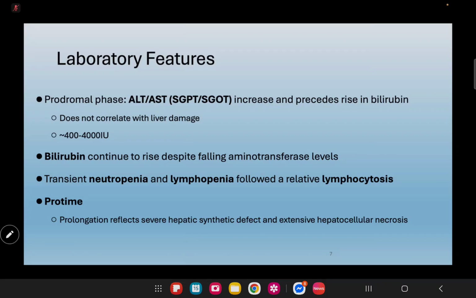That's why I emphasize to my groups in the clinics that the liver function test would include, number one, the prothrombin time, because as you know, the vitamin K dependent clotting factors are synthesized in the liver. Prolongation of pro time is a poor prognostic sign.